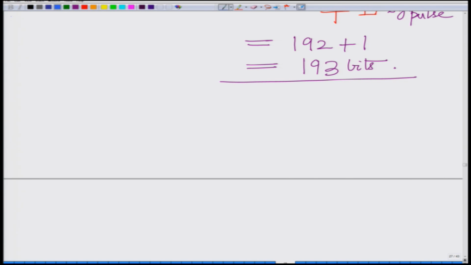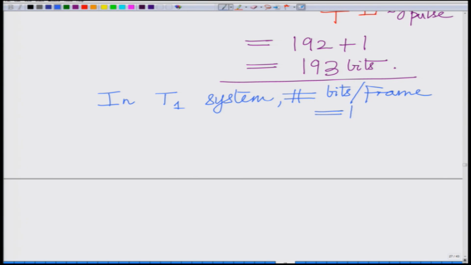So, in this TDM T1 system, in the case study that we are doing, number of bits per frame equals 193, which implies the duration of each bit, or time interval between bits; frame duration is 125 microseconds.